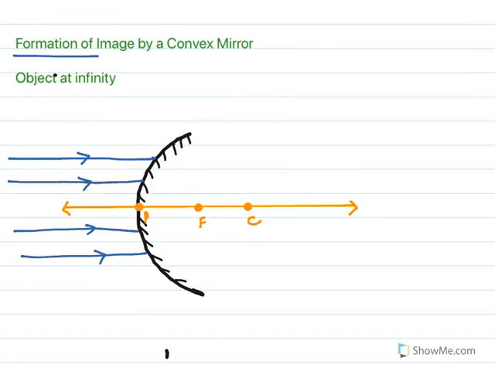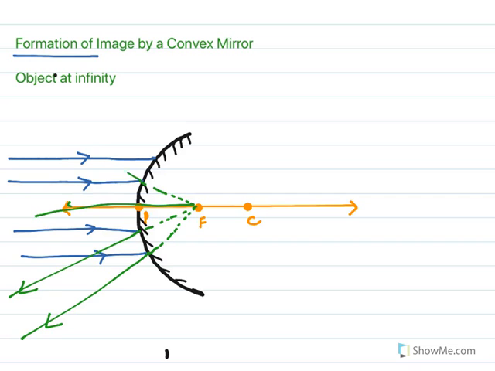So these rays that have come parallel, after reflection they will all appear to come from the focus. So the image will be formed at this point, at the focus.